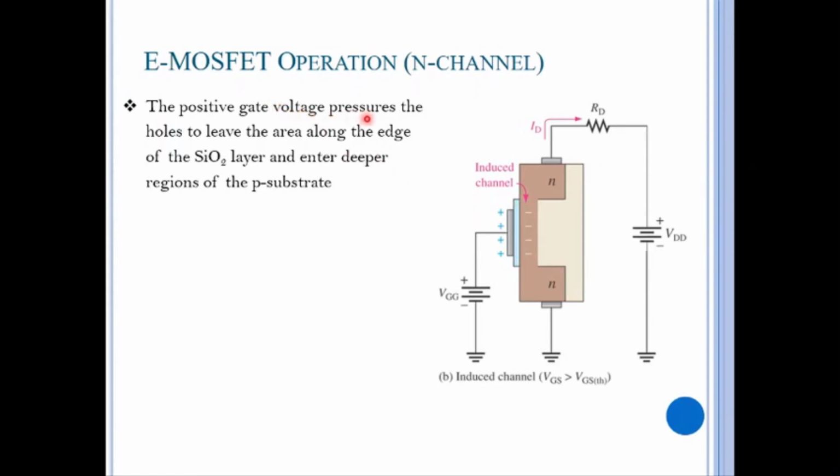A positive gate voltage pushes the holes to leave the area. Because the substrate is a P-type substrate, there are many holes. The majority carrier is hole. So holes will be pushed away from the interface of the insulator, because hole is positive charge, so it is repelled, and then there will be an extension of the depletion region.